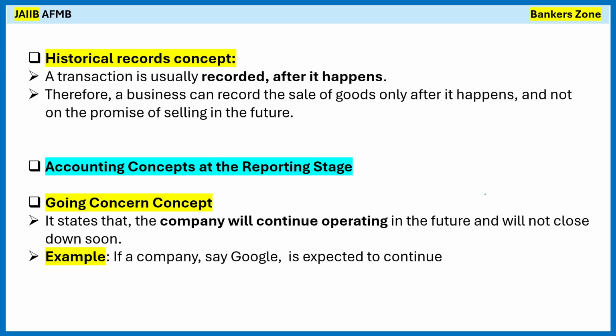Going concern means we assume that the company will function for several years in the future. For example, Google is expected to continue for the next many years. So when we prepare any balance sheet or profit and loss account statement, we will not think that at the end of the year, or at the end of 31st March, we will close down the business.